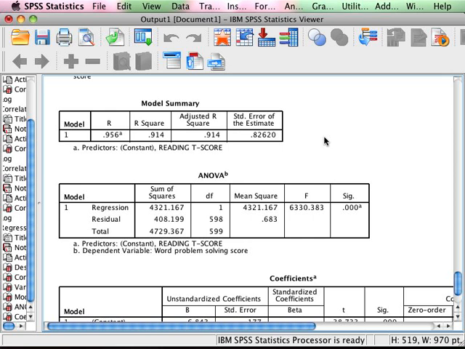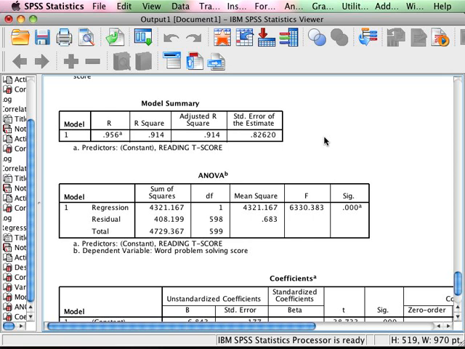If I said how far away from somebody's word problem solving score am I likely to be? 0.826, right. Not even a point away, isn't that nice?